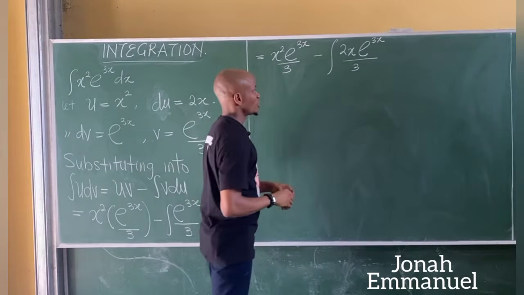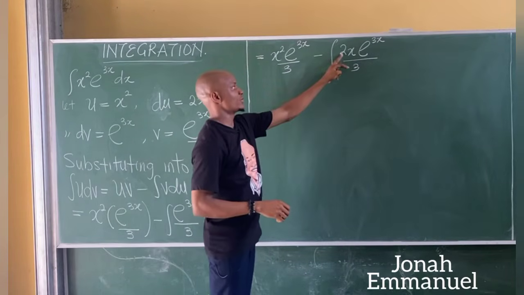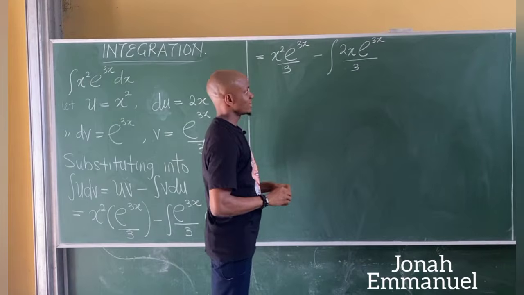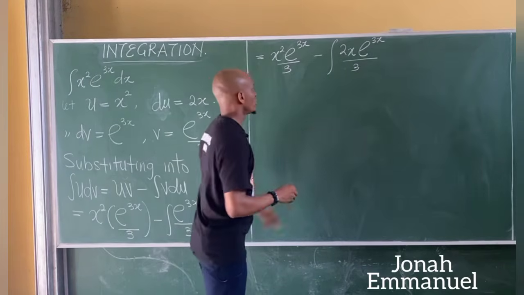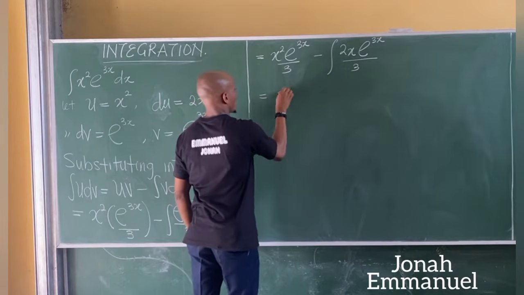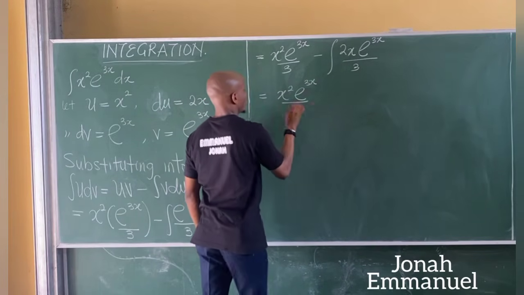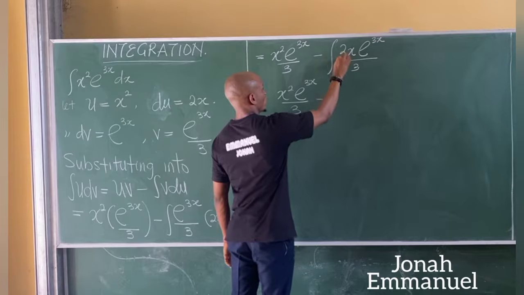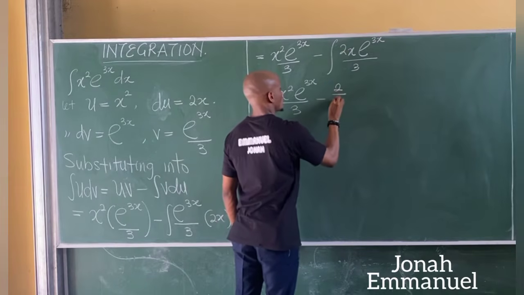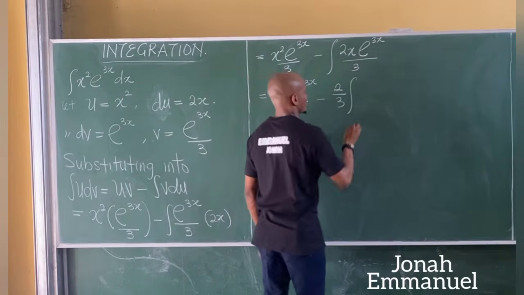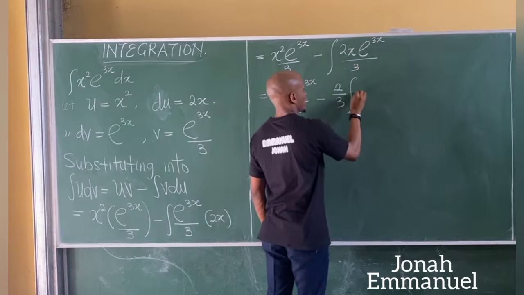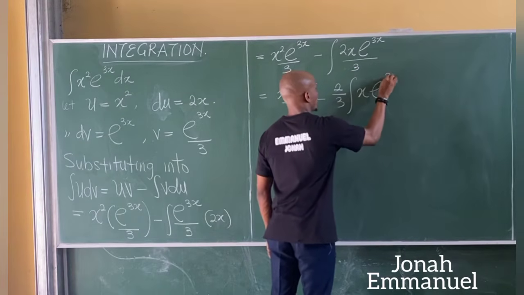So the constant will now be, take out the constants. The constant here is 2 over 3. So this is now equal to x squared exponential 3x all over 3 minus 2 over 3, take out 2 all over 3 integral. I'm left with x exponential 3x.